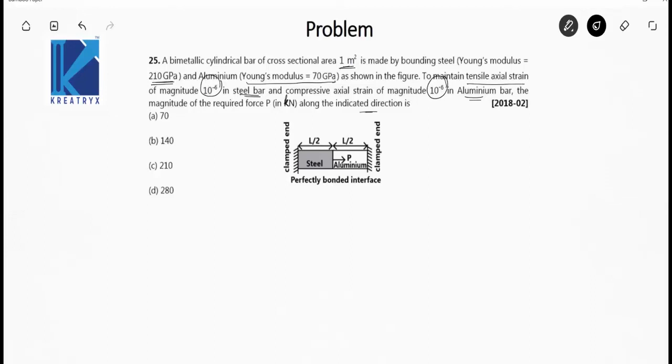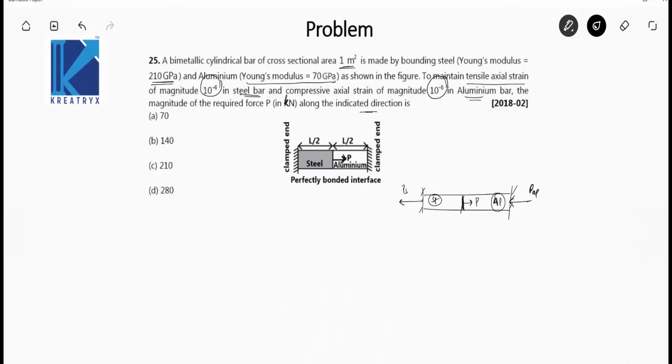So the magnitude of strain in both the bars is the same, and if I apply a force P like they have applied in this given figure, there will be reactions on the steel bar and aluminium bar. This is the steel bar, this is the applied force P, this is the aluminium bar. Let the reactions on the steel bar and the aluminium bar be denoted by PS and PAL.